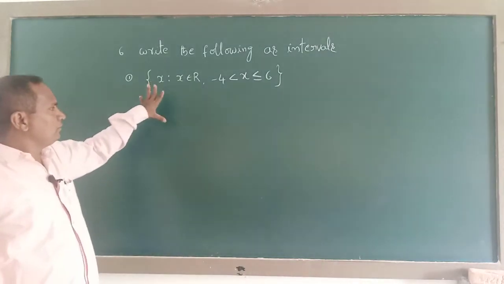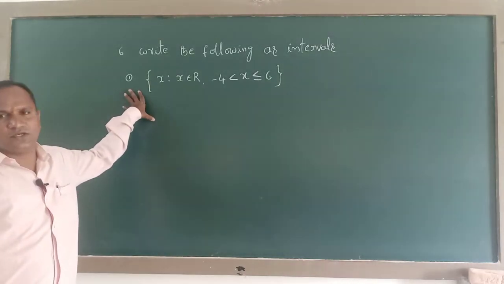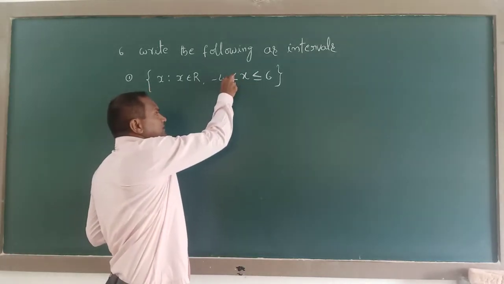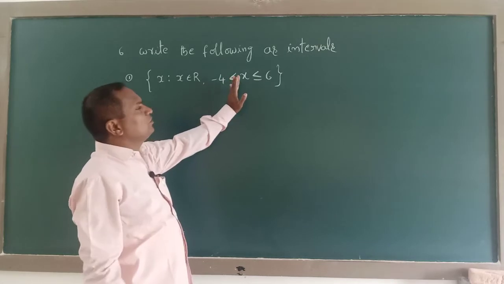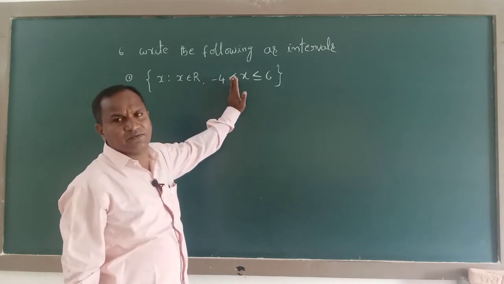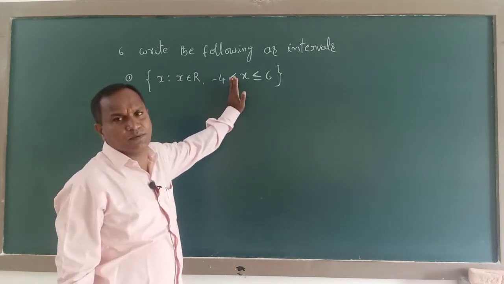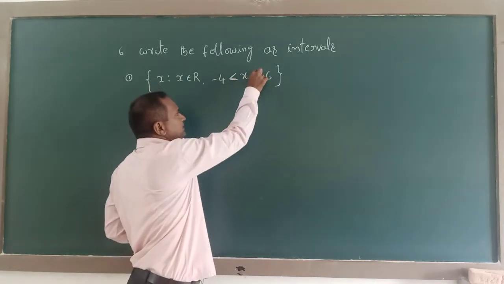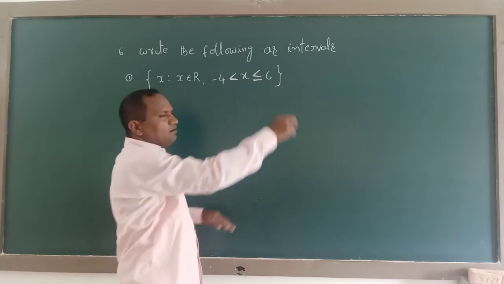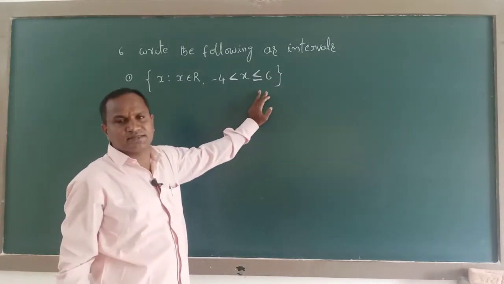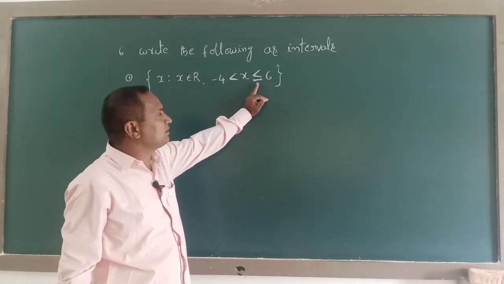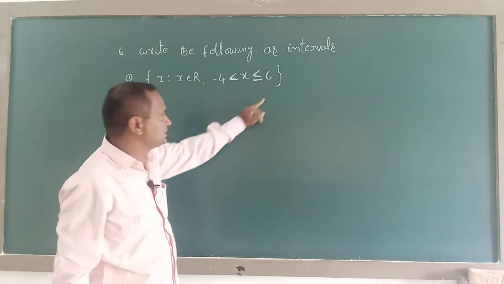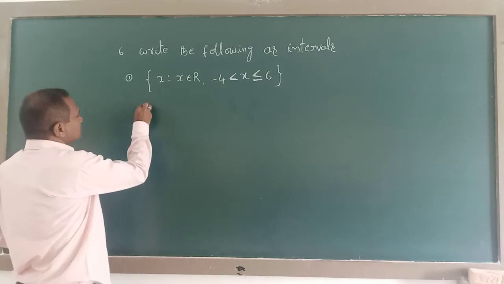Now we have to convert this into an interval. Wherever you see the strict less than symbol, that side is an open interval, which means a curved bracket. Where you see the less than or equal symbol, on the 6 side, at the last, we must write that end point side as closed interval. That's the answer for this question.